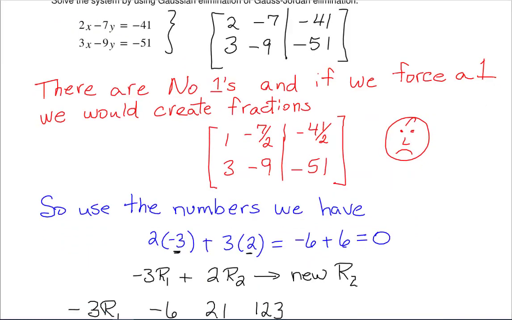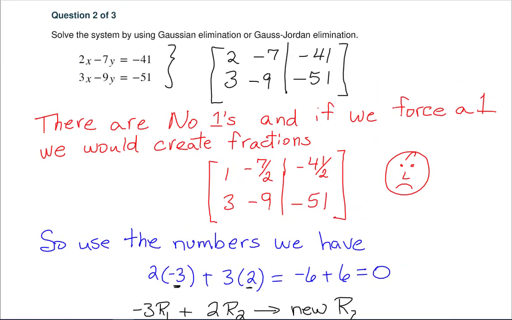Now, question 2, we have to modify things just a little bit. And the reason is, and you'll see in a moment. So first off, I make my matrix. I grab the coefficients. A 2, a -7, a -41, a 3, a -9, and a -51. Now, I'm looking for a 1.